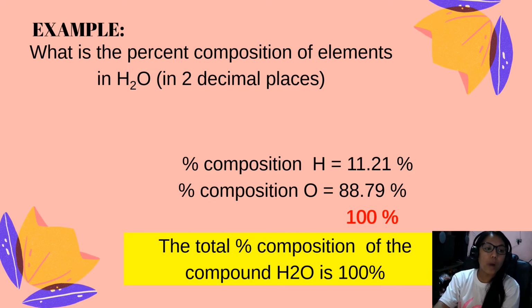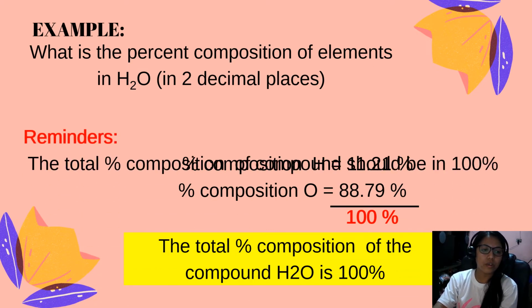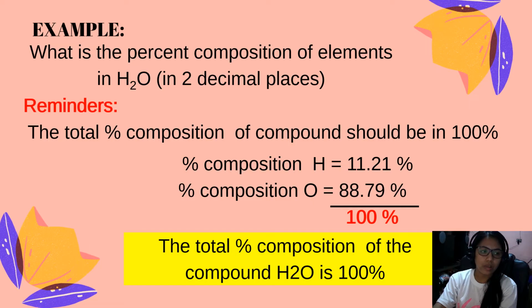Then, after that, you're going to add the percentage composition. Okay? Reminders natin, you're going to add the percentage composition of hydrogen and oxygen. Pagsasamahin po natin sila. So, 11.21% plus 88.79% is 100%.